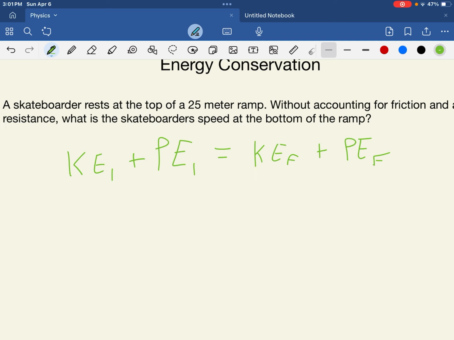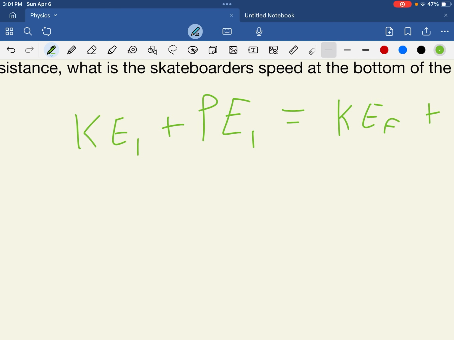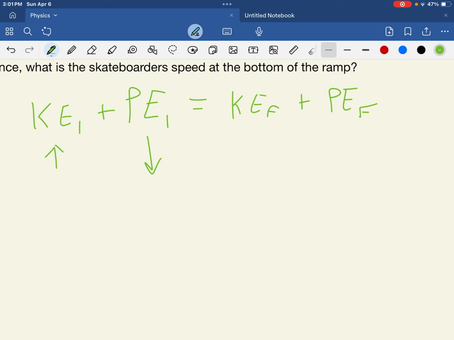So on the initial side, sometimes your kinetic energy might be high and your potential energy might be low, but they will be interchangeable. So on this side, kinetic energy might be low and potential energy might be high. It just depends on the situation. But in this situation, it's the opposite.